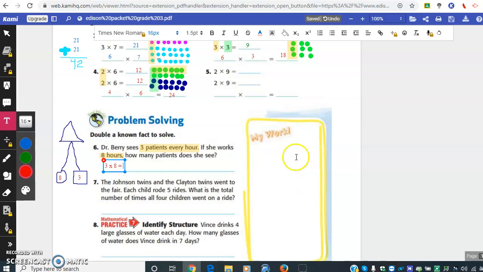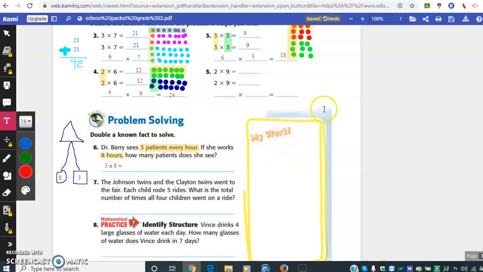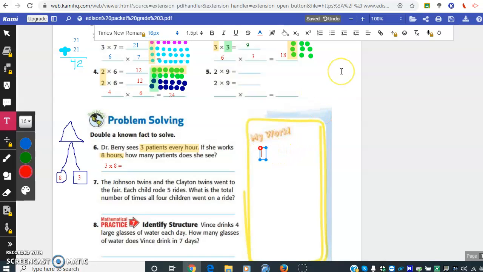And I left this workspace open and made my math mountain over here in case anybody needs to add up 3 eighths or 8 threes. So you have 3 eighths, 8 plus 8 plus 8, or you can do 8 threes. 3 plus 3 plus 3 plus 3 plus 3 plus 3 plus 3.